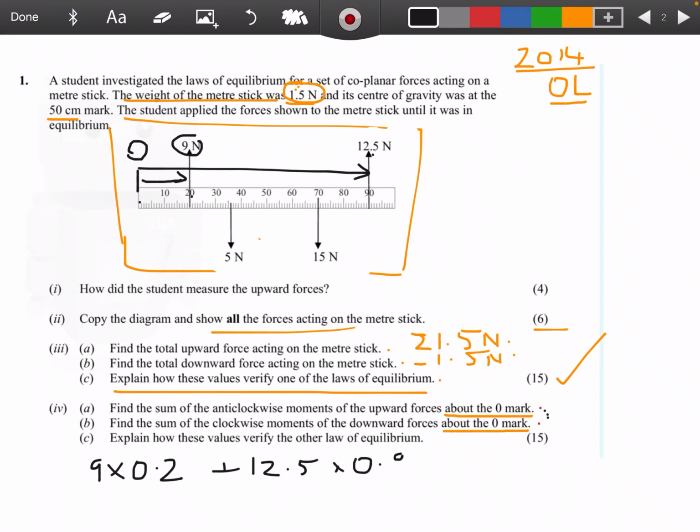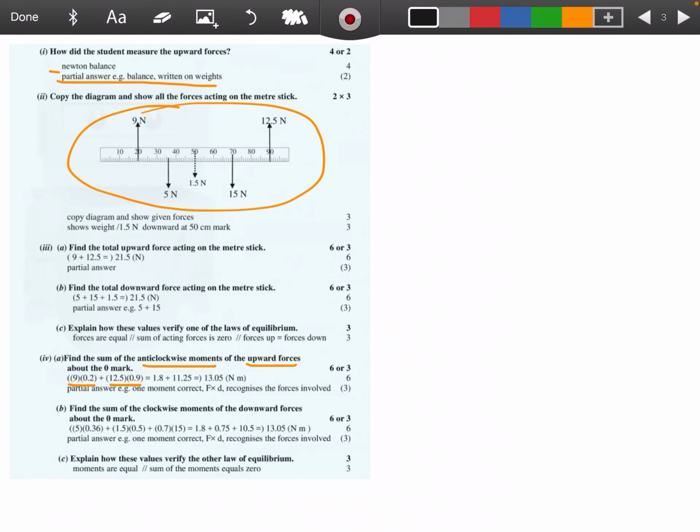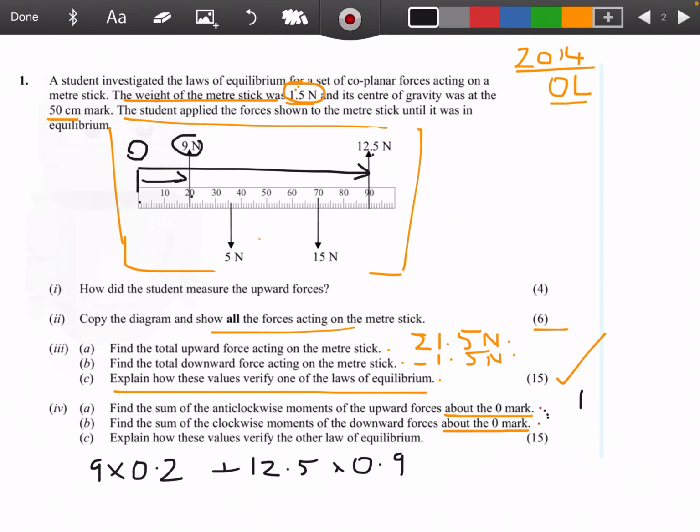And that's where we get those values from. So you can see that then in the marking scheme, the 9 by the 0.2, the 12.5 by the 0.9, add the two of them together, we end up with 13.05, and it's Newton meters. Remember, force by distance, Newton by meters gives us Newton meters. So we got 13.05 there. And again, it's Newton meters.